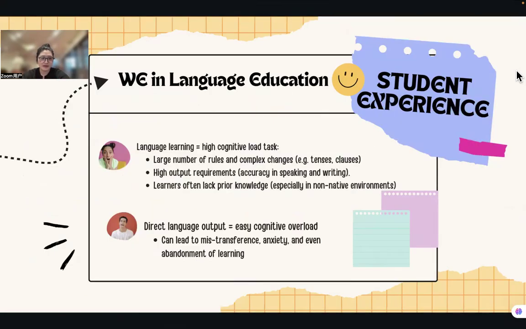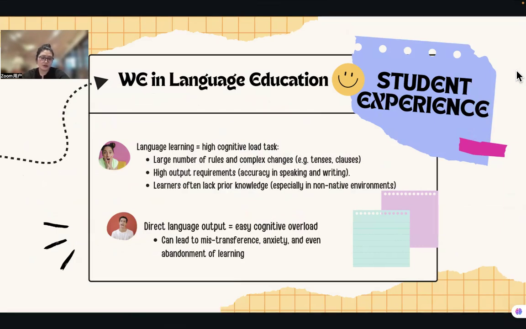So let's talk about worked examples in language education. Language learning is a high cognitive load task because it requires many rules and complex changes of times, tenses, and clauses, and also requires a lot of speaking and writing.